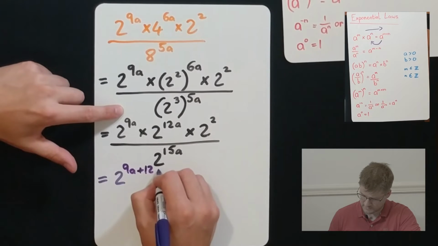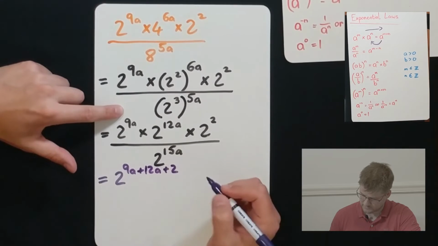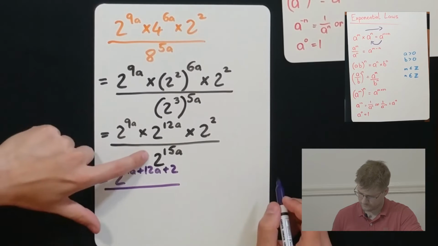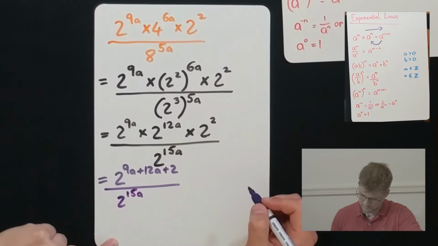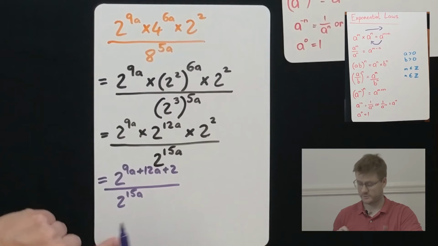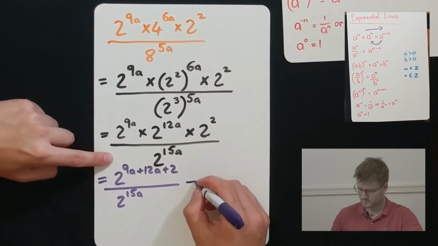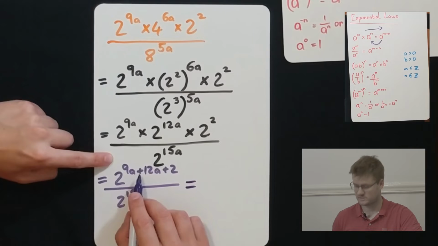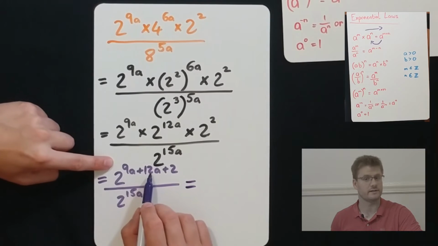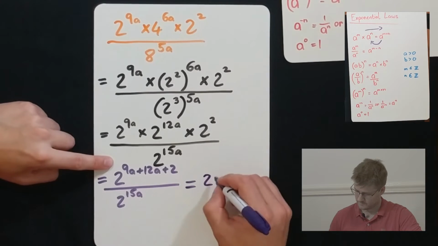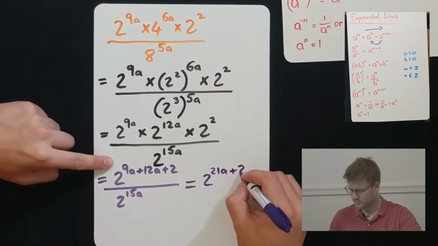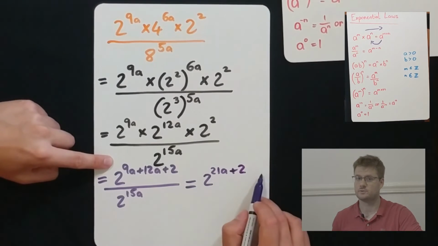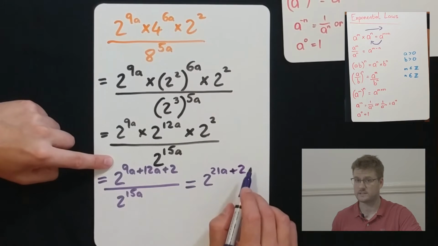We have 9a plus 12a plus 2. And that will all be divided by the bottom, which is 2 to the 15a. Now what I'm going to do is at the top, I'm just quickly going to combine those exponents. So 9a plus 12a is 21a. So 2 to the 21a. Now we can't add the 2 in because the 2 doesn't have an a with it. So we're going to leave it like that.